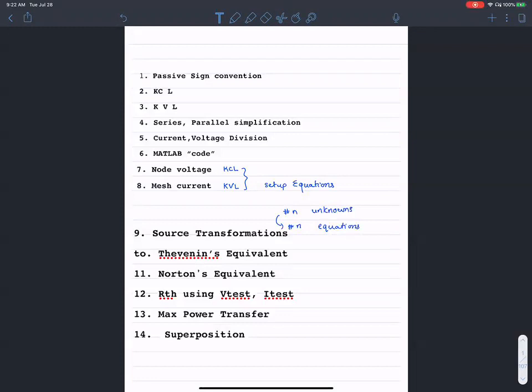Okay, the superposition theorem simply states if you can evaluate the response of a system to individual sources separately, you can add them up later to get the overall response. The maximum power transfer theorem says you want to match the impedance of the source to the load, and that is the condition under which the maximum power is delivered to the load.